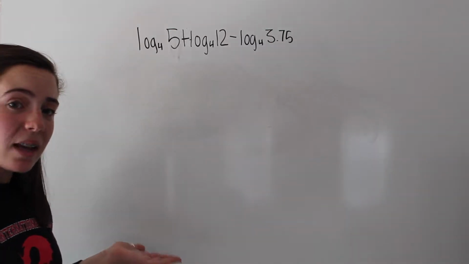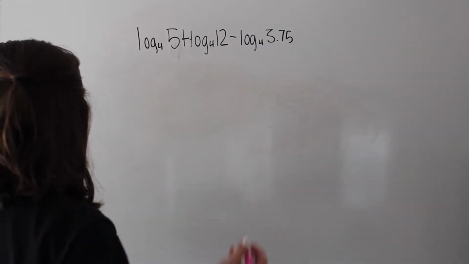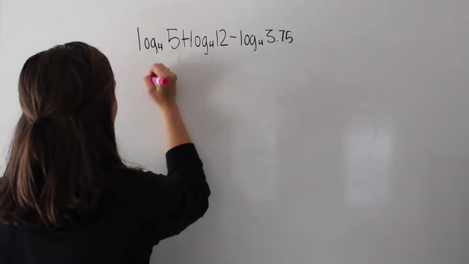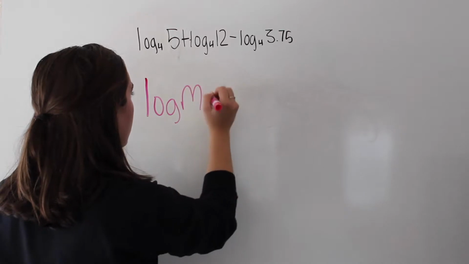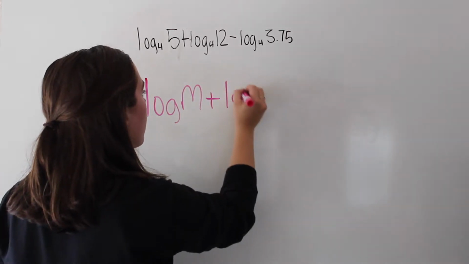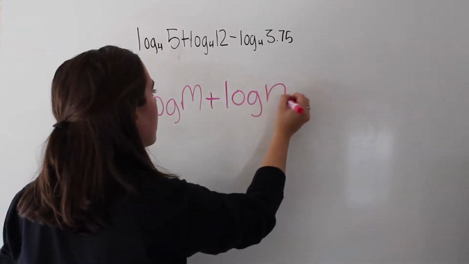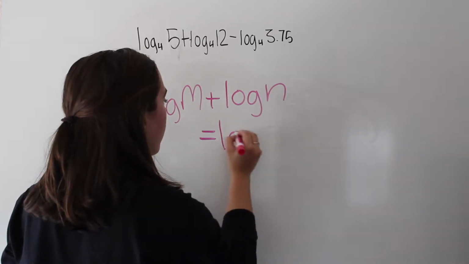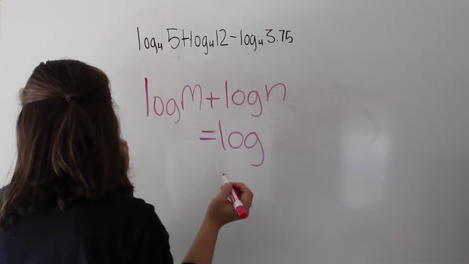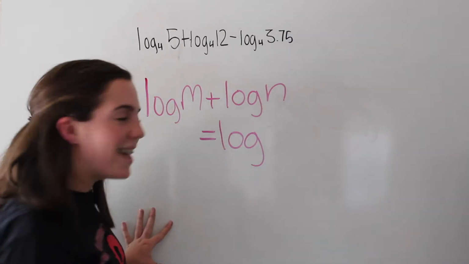So when we're adding, the rule is log of m plus log of n is equal to log of m times n.